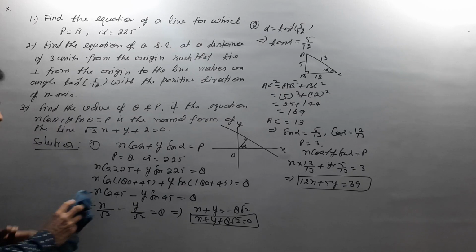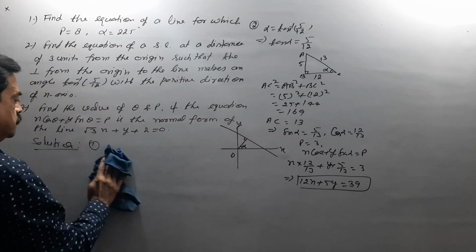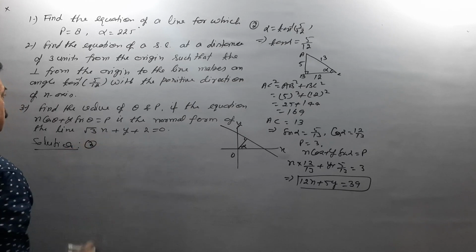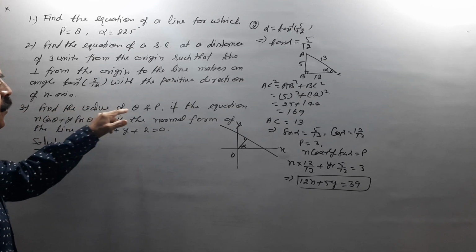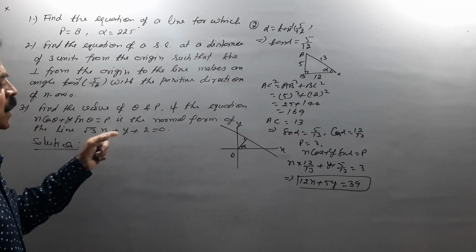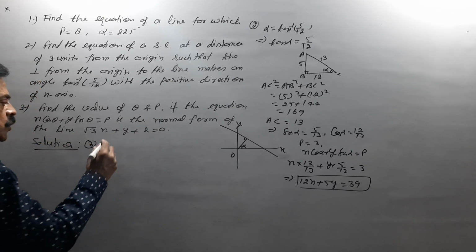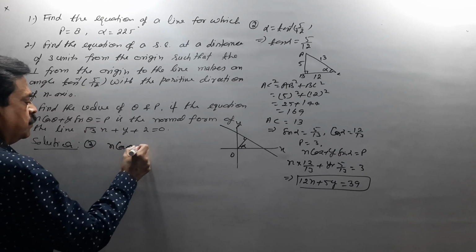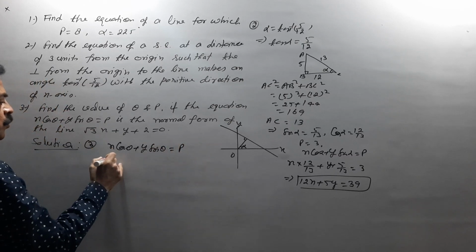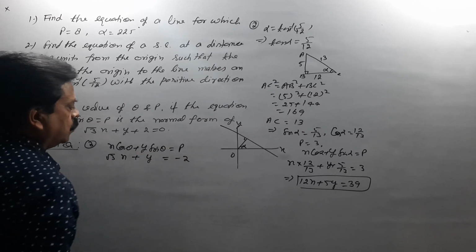And now question number 3. Solution of question number 3. Question number 3 is find the value of theta and p, if the equation x cos theta plus y sin theta equals to p is the normal form of the line root 3 x plus y plus 2 equals to 0. x cos theta plus y sin theta is equal to p, and root 3 x plus y is equal to -2.